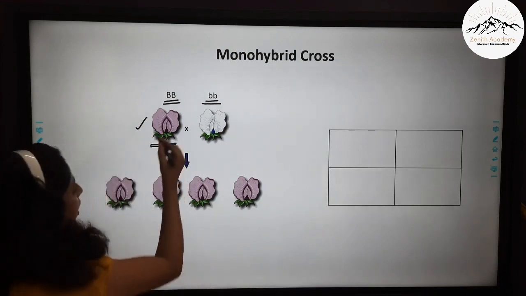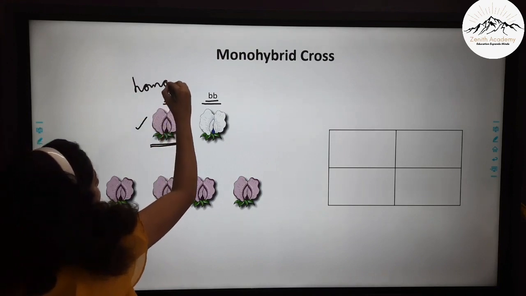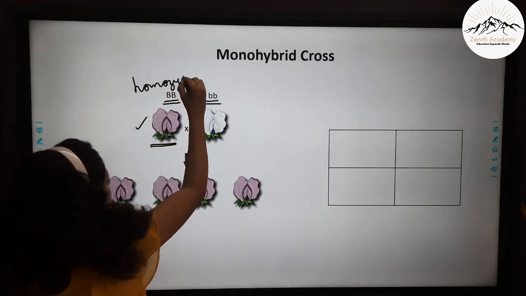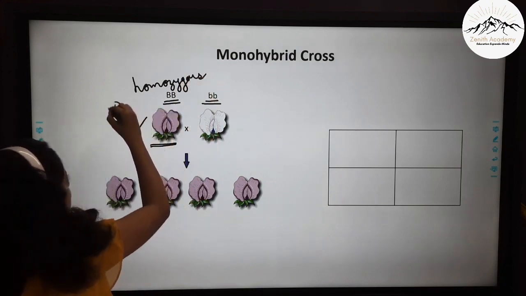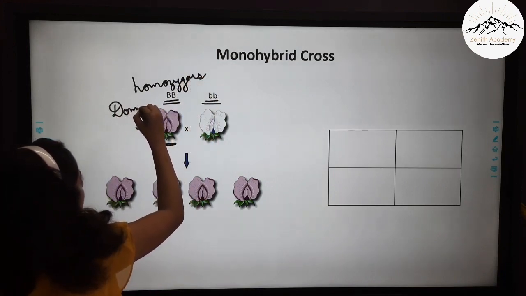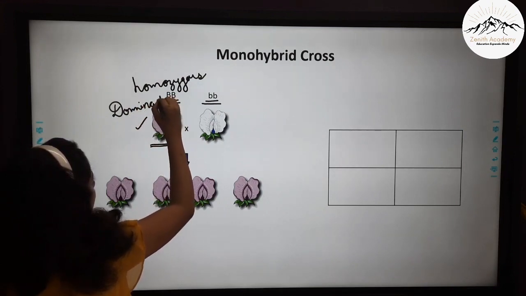Okay. So now this is homozygous. Why homozygous? Because both are same and it is also dominant. So this is homozygous dominant. I'm so sorry. Okay.